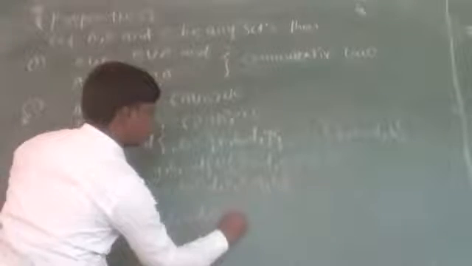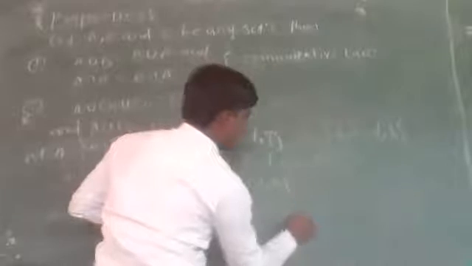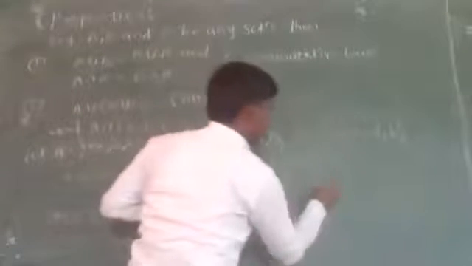Now we have to check whether this will be equal to (A union B) union C. A union B contains A, B, C, D, E, F, and union C, which contains B, D, G and H, which is equal to A, B, C, D, E, F, G and H. Therefore, from 1 and 2, both the sets contain the same elements.